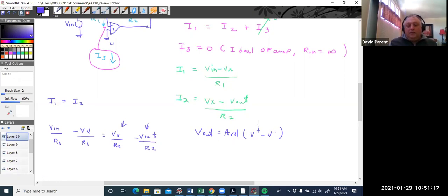But V plus is actually Vx, and V minus is actually 0 because of the way I've hooked it up. And so V out equals the open loop gain times Vx.